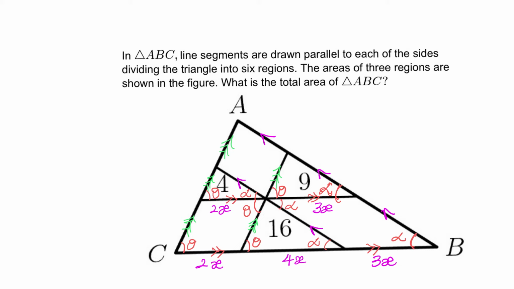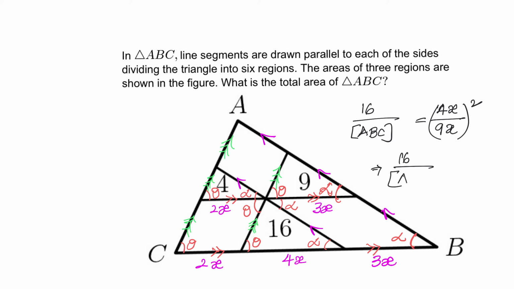So we will write down 16 divided by area of triangle ABC is equal to the corresponding side for the 16 area triangle, 4x, and for triangle ABC it is 9x, and according to the theorem this should be squared. So from that we will know 16 divided by area of triangle ABC is equal to 16 by 81. Simplifying that, we will get the area of triangle ABC is equal to 81 square units.